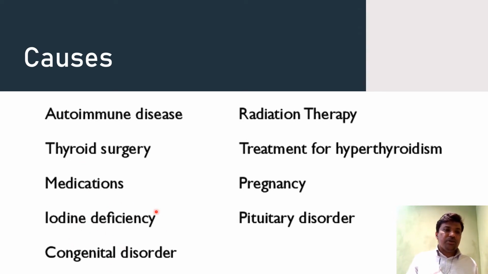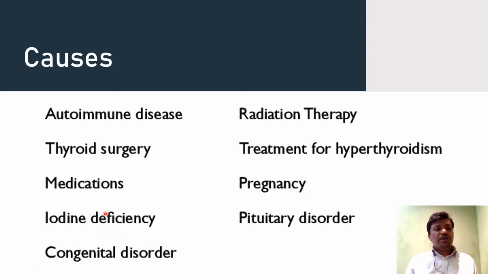But in other countries, it is probably autoimmune disease like Hashimoto's thyroiditis, or previous surgery for the thyroid, either for cancer or for other reasons like an overactive thyroid. We can also become hypothyroid with treatment for hyperthyroidism. You give carbimazole for a few months, and then you can become hypothyroid.